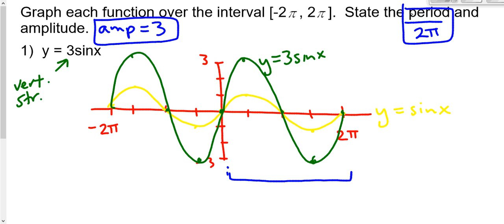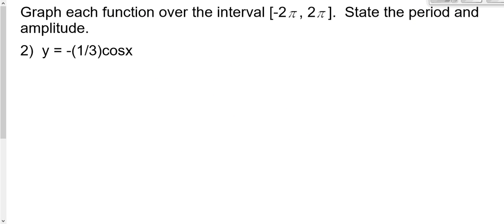Okay. Number 2. What we're going to do here with the negative is we are going to reflect it across the x-axis. And then because of the 1/3, it's going to be 1/3 as tall, so that's a vertical shrink.